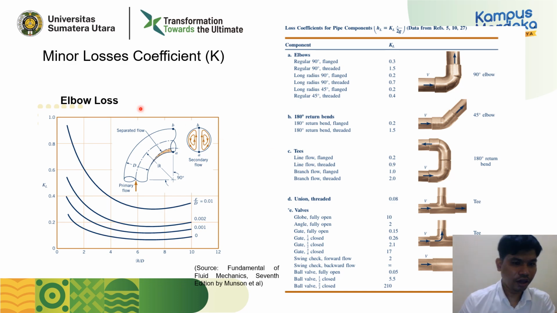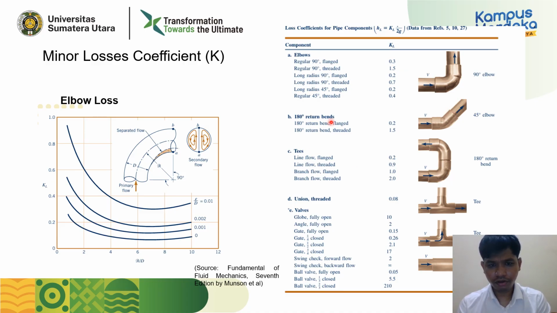Also, if you talk about elbow, these equations or this diagram we can use to find the KL, or minor loss coefficient, but also we can use this table. For example, if we use elbows with regular flanged 90 degrees, we will get 0.3 KL, like this picture.